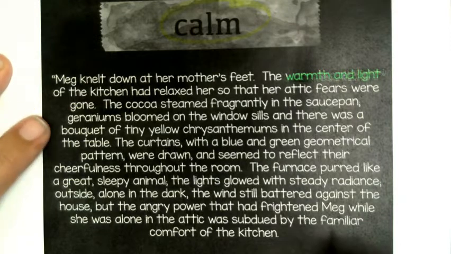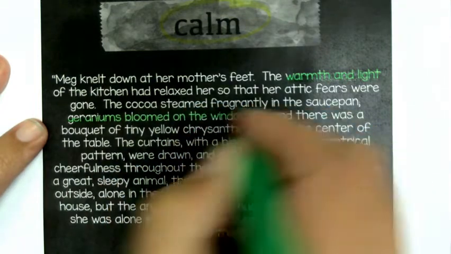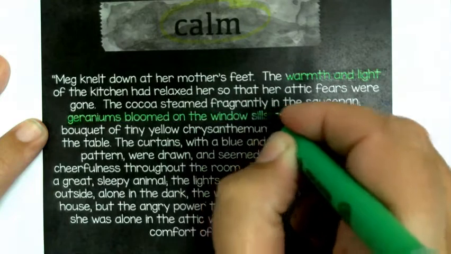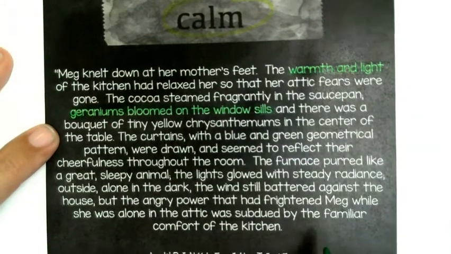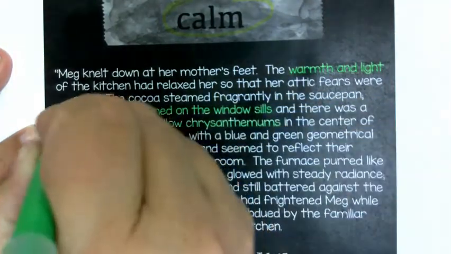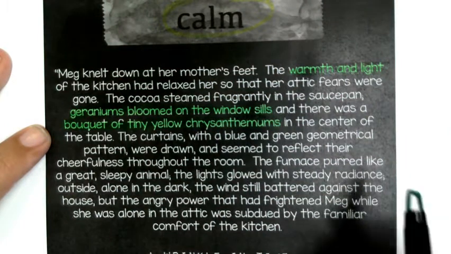What else? We see geraniums blooming on the windowsills. Nothing bad can happen in a house that has flowers, right? There was a bouquet of tiny yellow chrysanthemums. So that yellow is always a really nice color to make us feel happy.